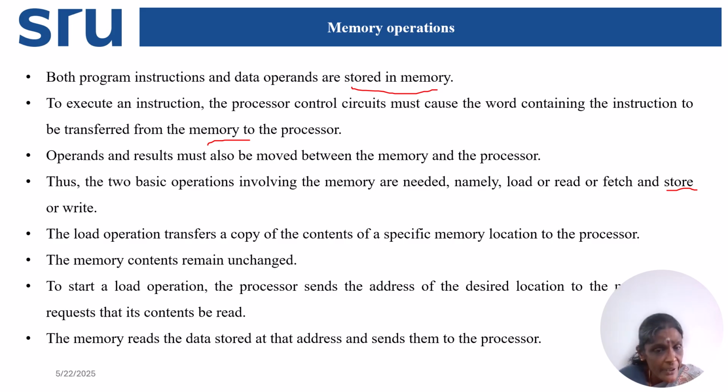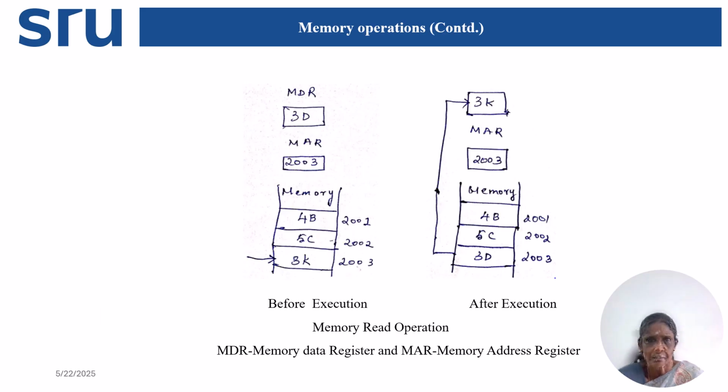But how does the processor know that it is a load operation? Because the address is sent, the memory reads the data stored at that address and sends it to the processor. The main point to be noted here is that the data will not be changed. We are only acquiring the data for operation.